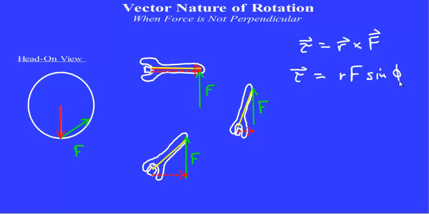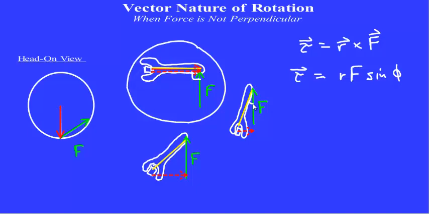Remember, sine is a maximum at 90 degrees. And you see here in this situation, that's where it was most effective, when the angle between the two is 90 degrees. And over here in this third scenario, when the angle is approaching 0, we're getting very ineffective. The sine of 0 is 0. So this is another, more mathematical way to write the torque.